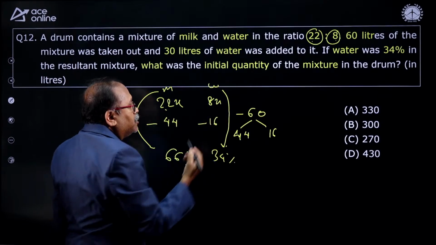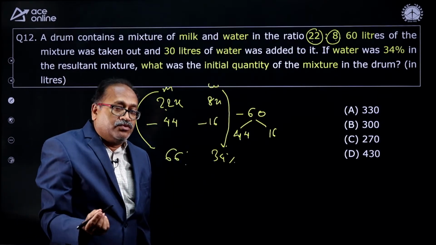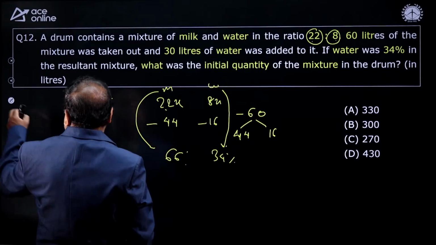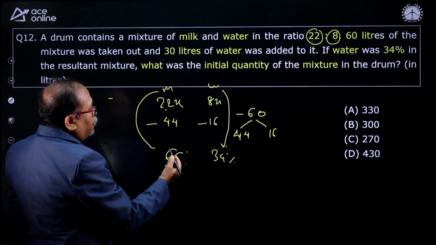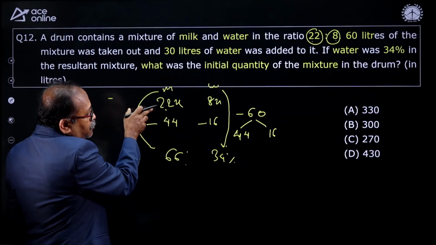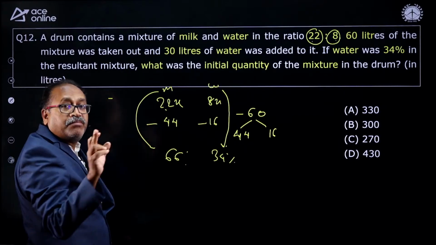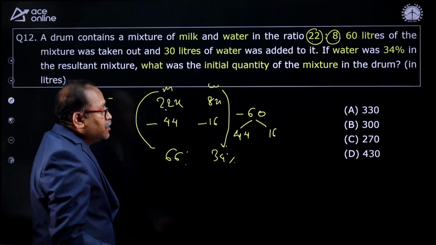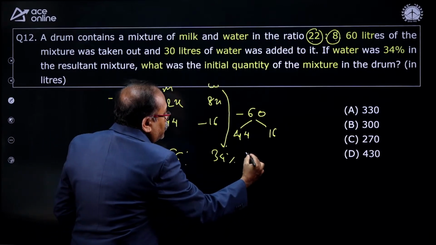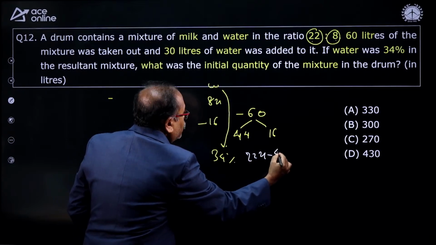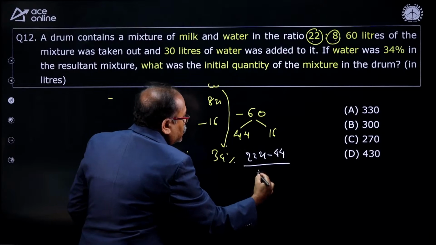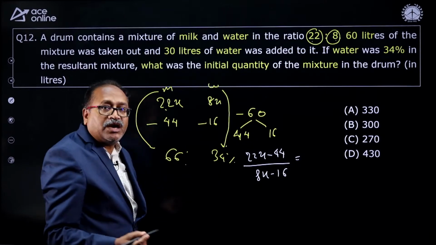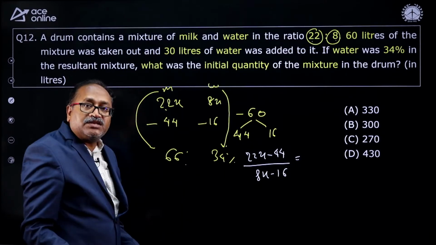I need to find out 22 plus 8, 30x. Can we find it out now? Okay, let's do it now. I know that 22x minus 44 by 8x minus 16 is equal to 66 by 34, which is 33 by 17.